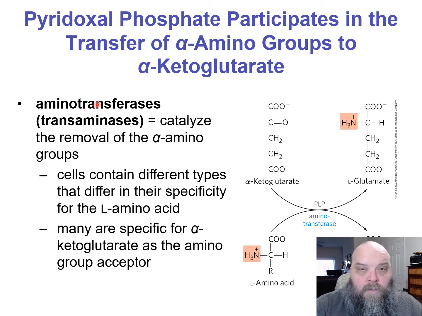Which you're going to use, an amino transferase or transaminase, is going to be cell dependent. Not all the cells have access to the same genes or the same menu of available enzymes for that cell type. So not only is it cell dependent, but it's also going to be, what is the purpose?